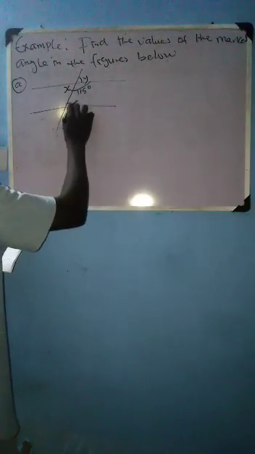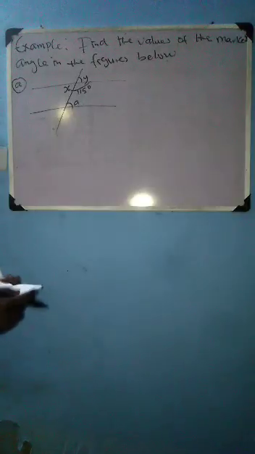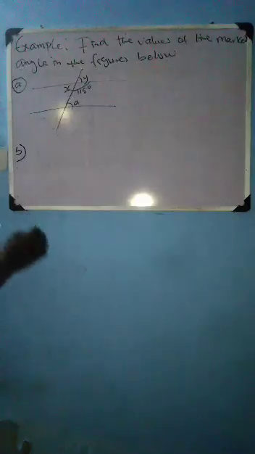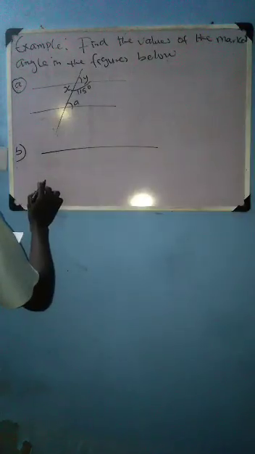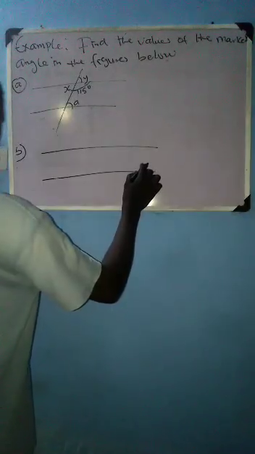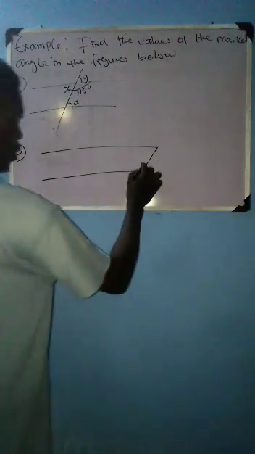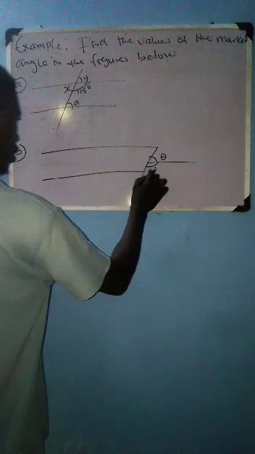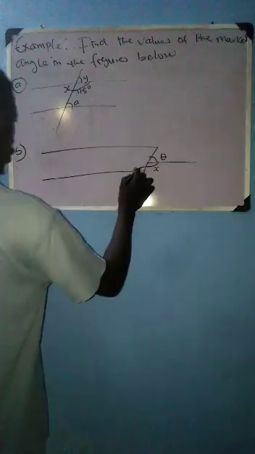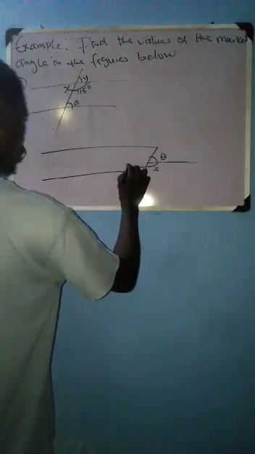X, we have A. Next, B, we have beta, X, 125.